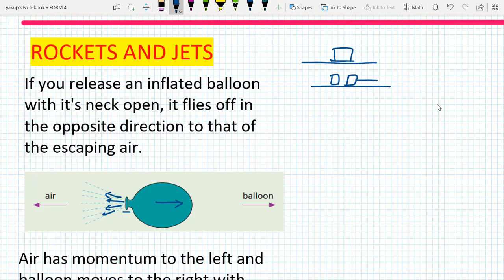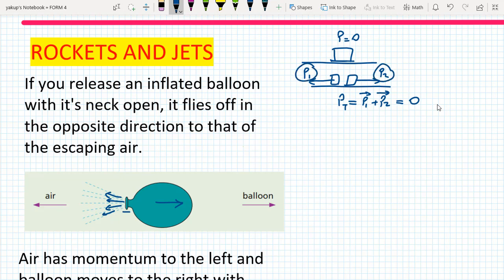If one piece is moving in this direction, the other piece should move in the opposite direction, and at the beginning the momentum was zero. After the explosion the total momentum should be zero also, isn't it? If we say P1 is this and P2 is this, the total momentum equals P1 plus P2 as vectors, and it should be zero. Those momentums should be equal but opposite.